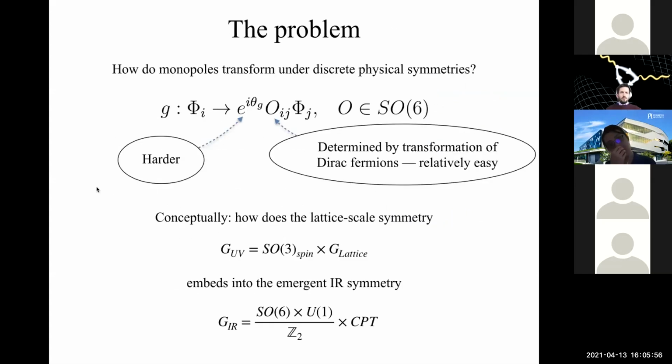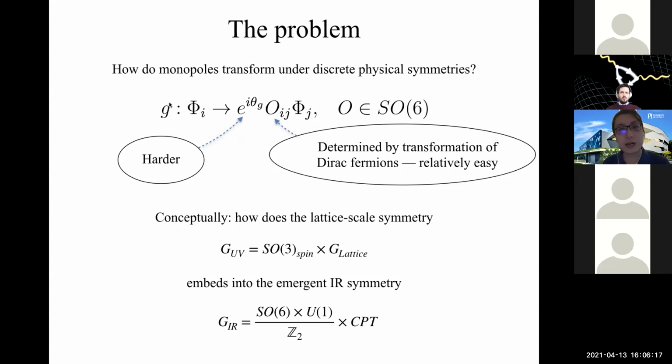So one problem that was there for quite a while, and was pretty non-trivial, was that there's the monopole operator, there are 6 of them. How do they exactly transform under microscopic physical symmetries? Right.